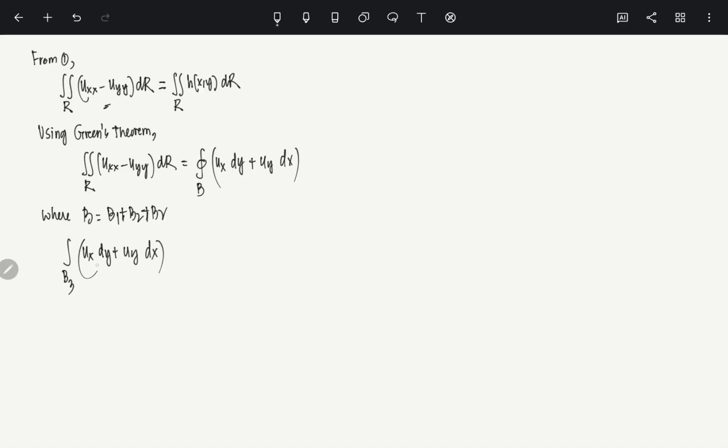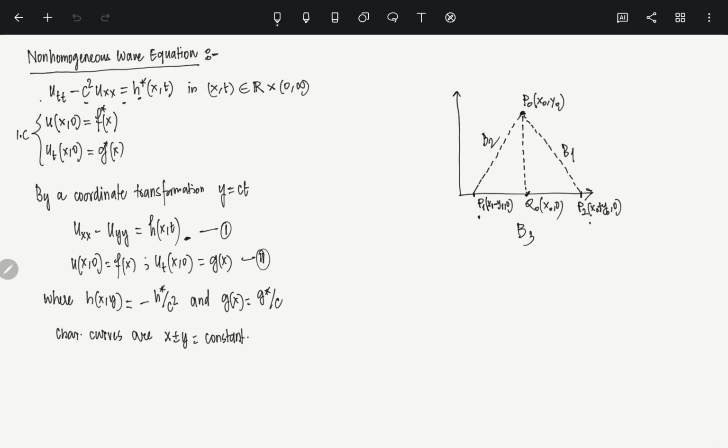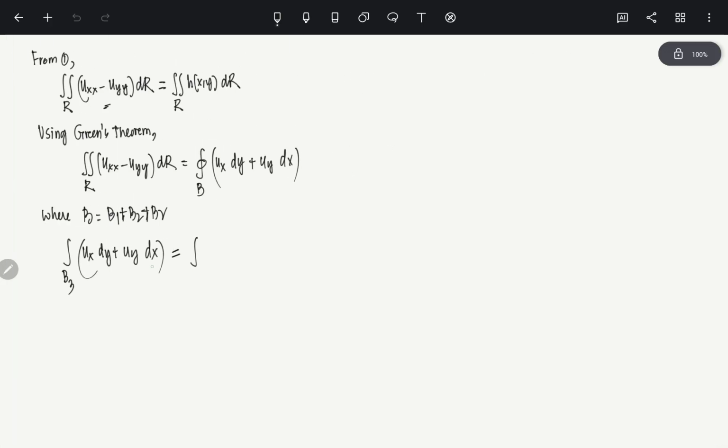What happens to this particular term? If you think about it, what is the change in y in this direction? There is no change in y, right? In b3 we are just doing it on the x-axis, so there is no change in y. The y coordinate doesn't change, so essentially the dy part is basically 0. So this becomes uy dx.